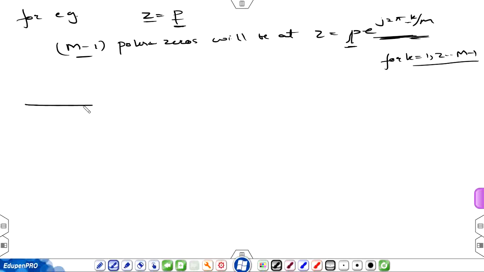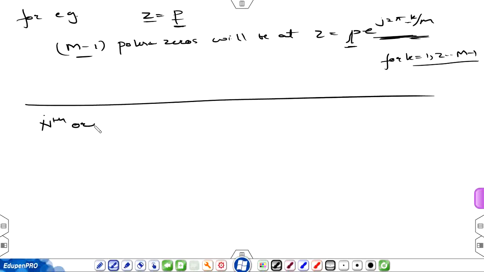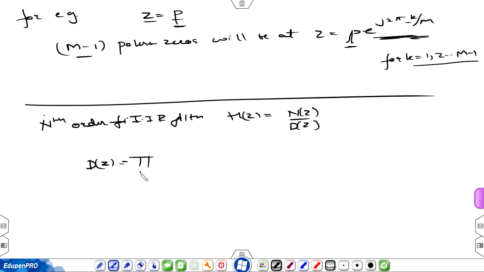Okay, so now considering the nth order IIR filter given by H(z), that is equal to N(z) and D(z), and D(z) can be written like this: product for i equal to 1 to n of 1 minus p_i z to the power minus 1.